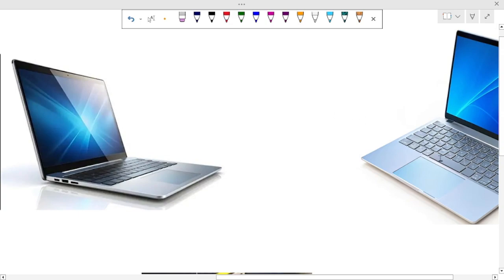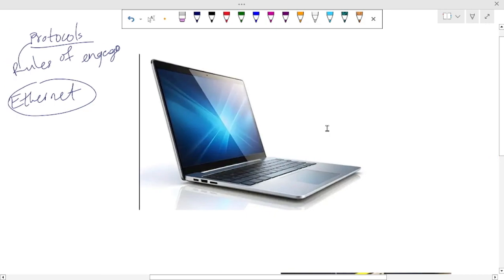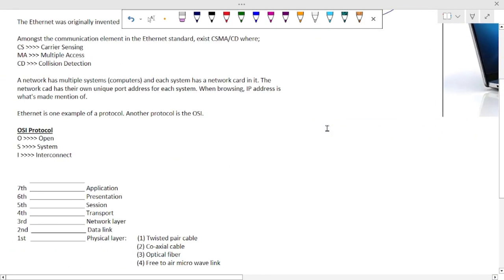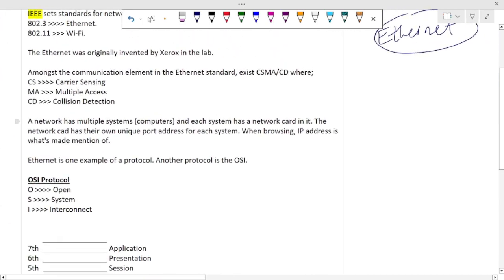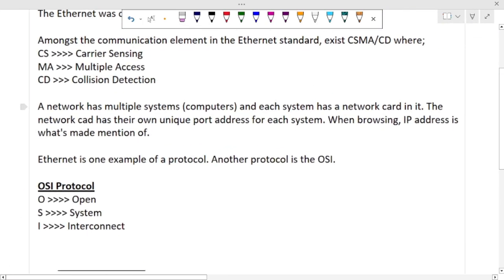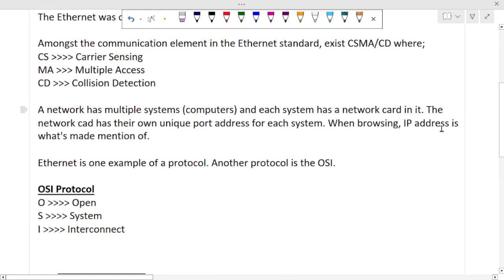So how do you communicate with a computer? You need its own port address. Do we get it? If you know the port address of a computer, you can connect with that computer. When browsing, the IP address is what is mentioned. So when you say IP address or port address, you are talking about the same idea.